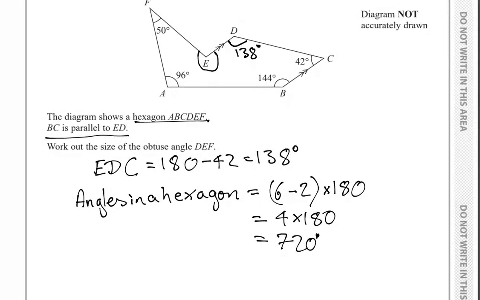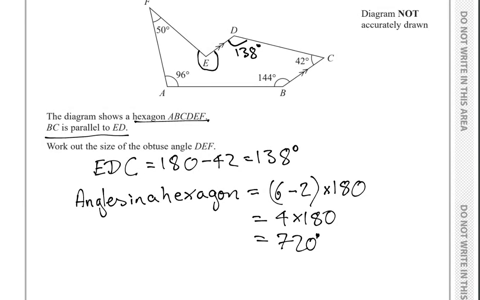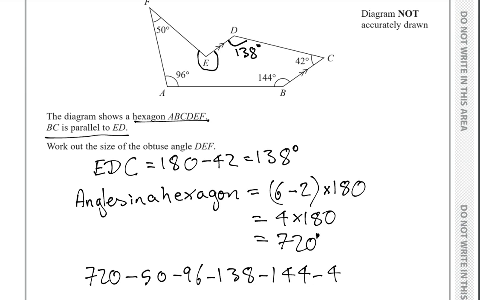So I've now got all the others, and take that away from 720. So I've got 720 minus 50 minus 96 minus 138 minus 144 minus 42. It's going to leave us with 250 degrees.